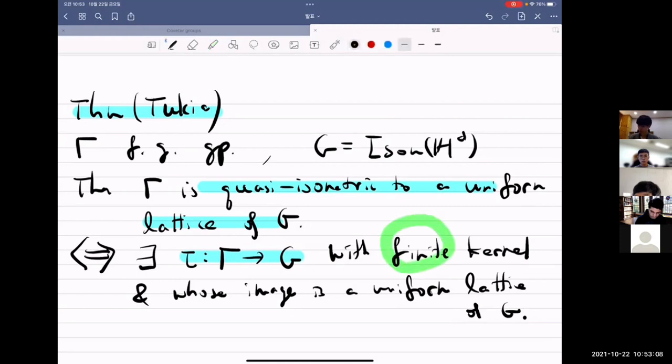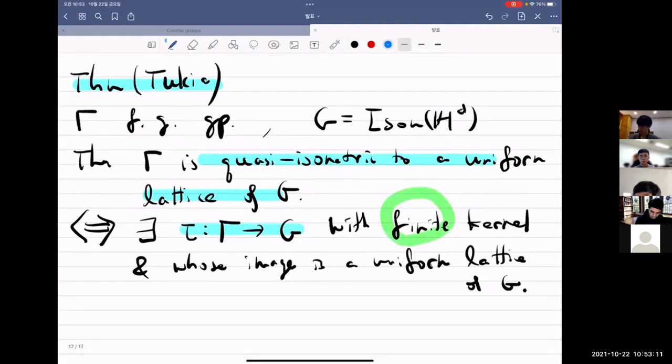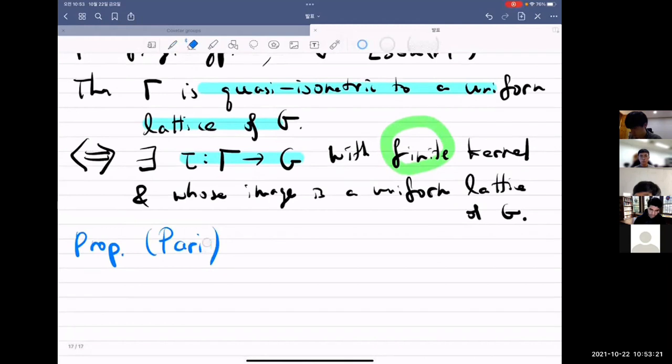But it's interesting to see that for Coxeter groups, there is a proposition by Paris that this finite kernel should be trivial. Why is that? This might be Paris; I should write the name properly.